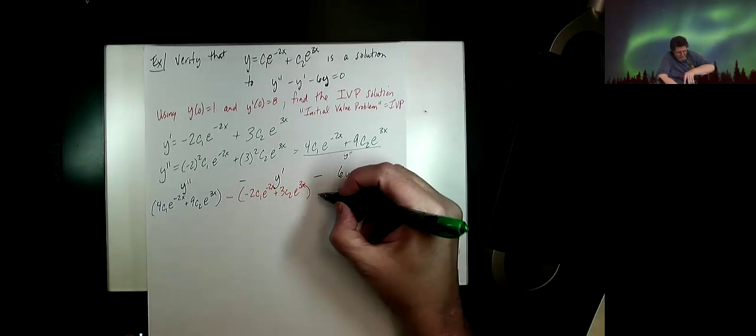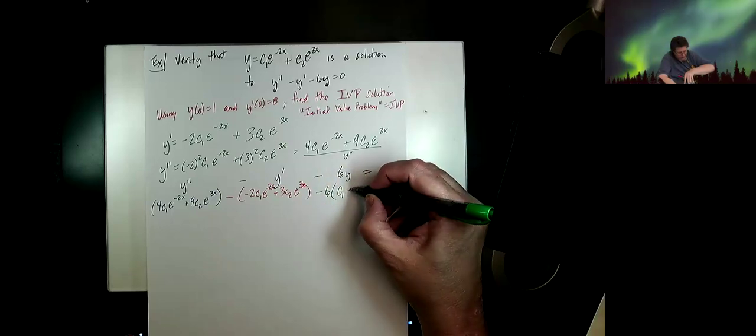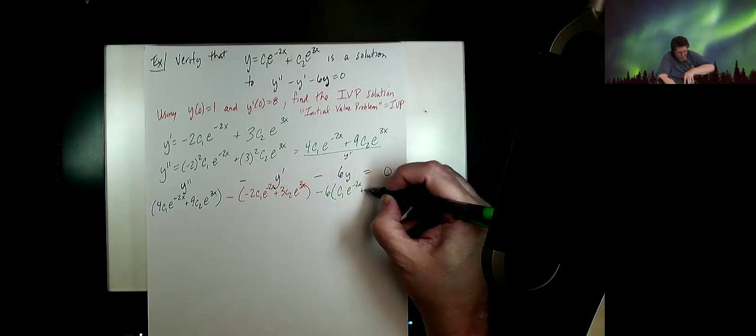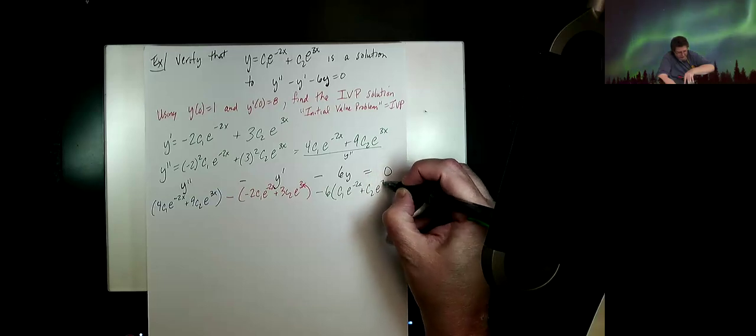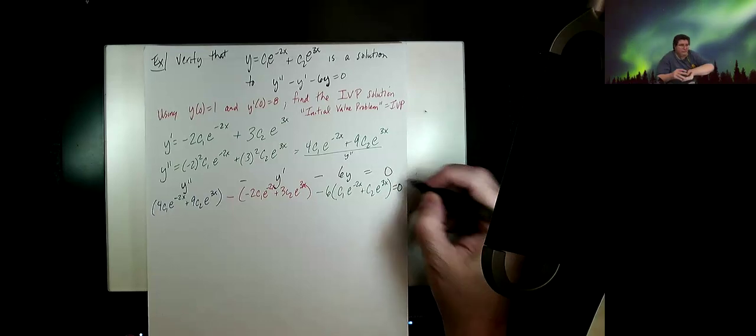And then I've got minus 6 times what we started with, C1 e to the -2x plus C2 e to the 3x. All that has to equal 0.